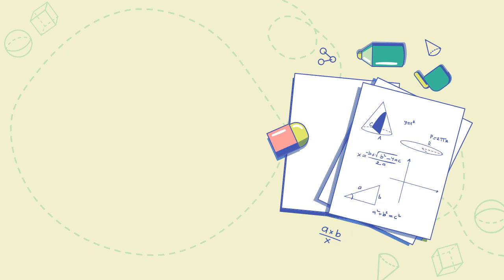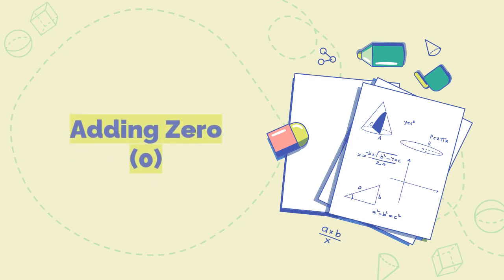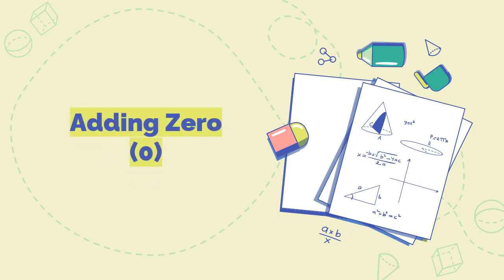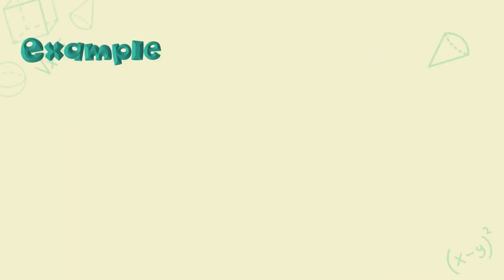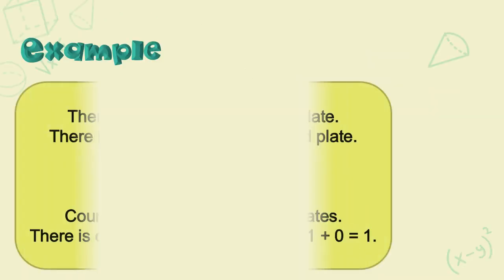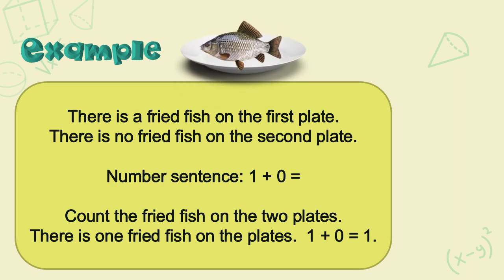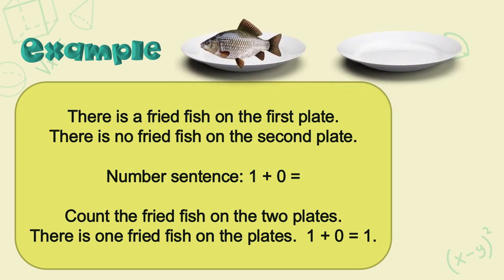Now for our next lesson, this is about adding 0. Example, there is a fried fish on the first plate, and there is no fried fish on the second plate. Number sentence, it is written as 1 plus 0 equals. Now, we are going to count the fried fish on the 2 plates.